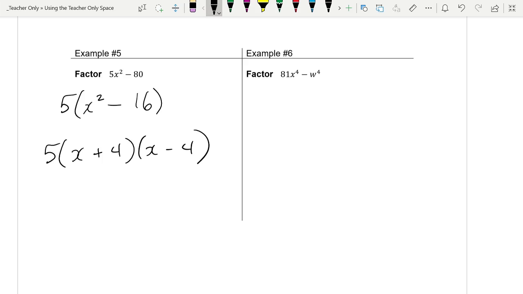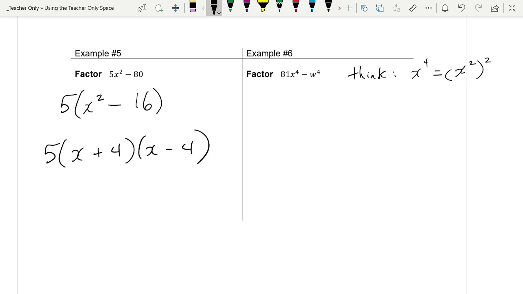What the heck is that? You gave me a rule about difference of squares, and those things don't look like squares. They're powers of 4. Yeah, but think about this. Isn't x to the power 4 the same thing as saying x squared, squared?